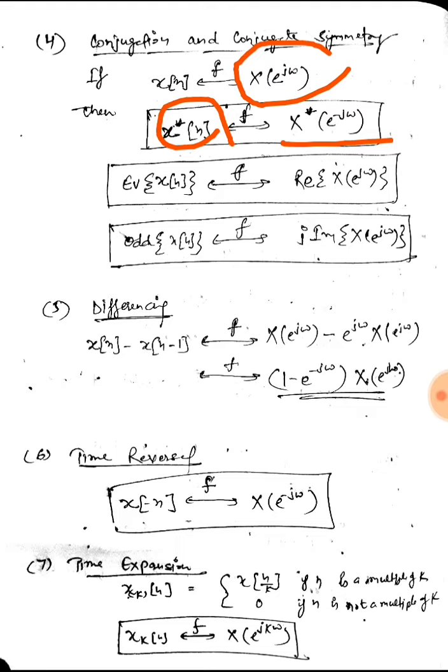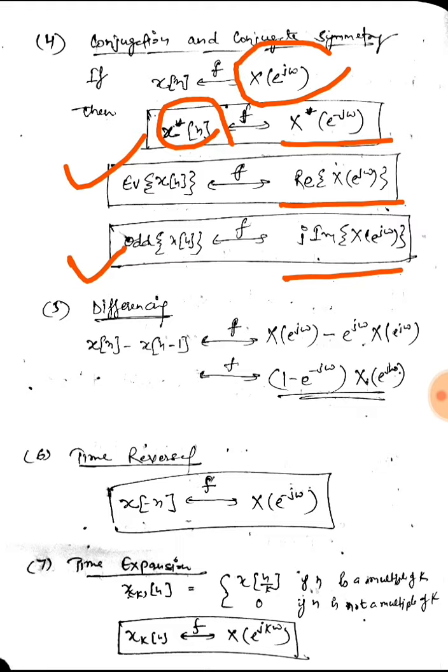It becomes e raised to power minus j omega. So if I take the transform of the even part of the signal x[n], it comes out to be the real part of the Fourier transform X of e^(j omega). And if I take the Fourier transform of the odd part of the signal, then it comes out to be j into the imaginary part of X of e^(j omega).